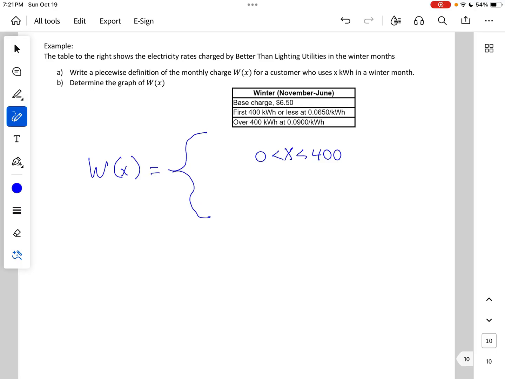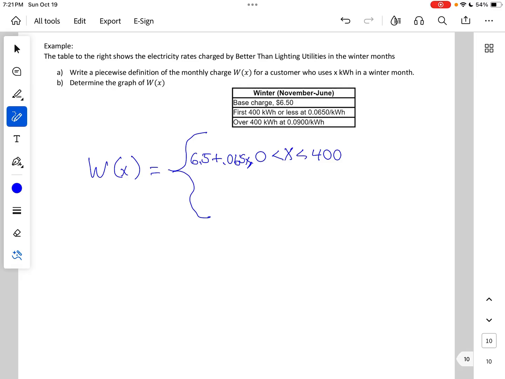And what will be my function? Well, base charge is 6.50, and then it's 0.065 per kilowatt. So I'm going to put a comma here, and I'm going to put 6.5 plus 0.065x. I did not leave myself enough room to write very well there.